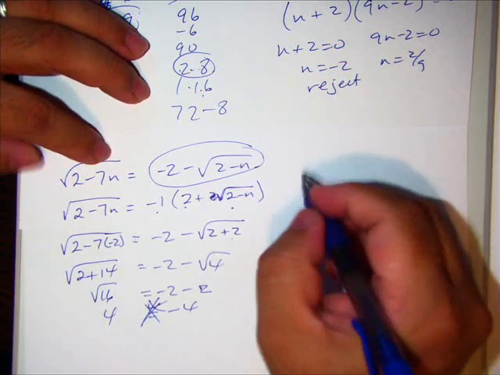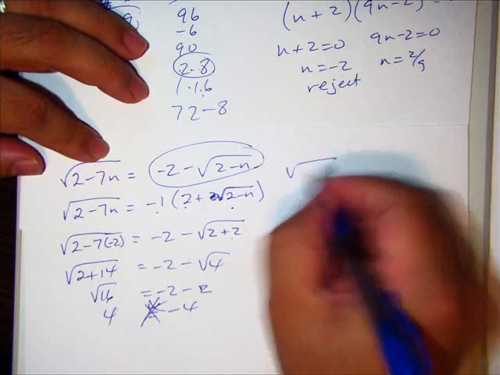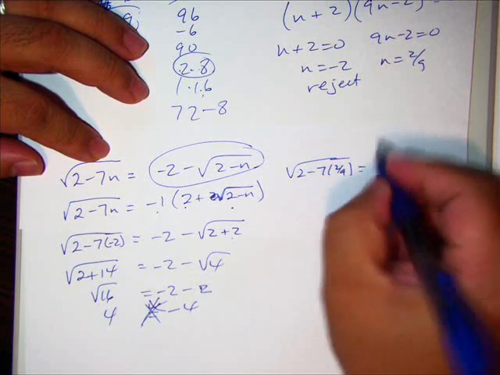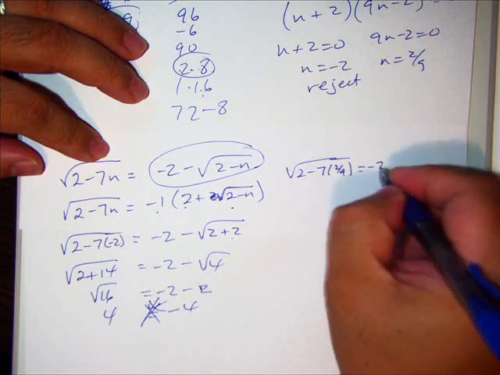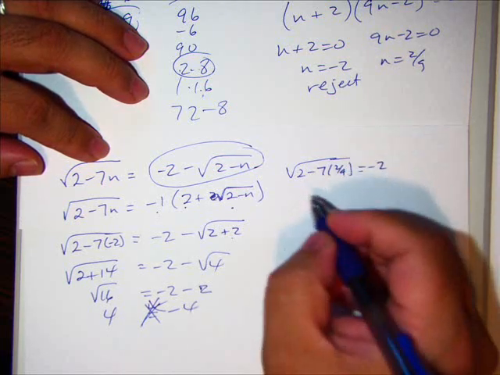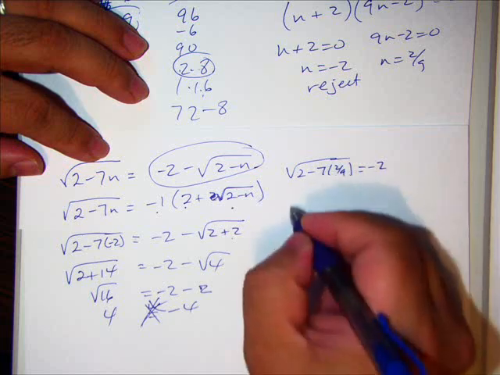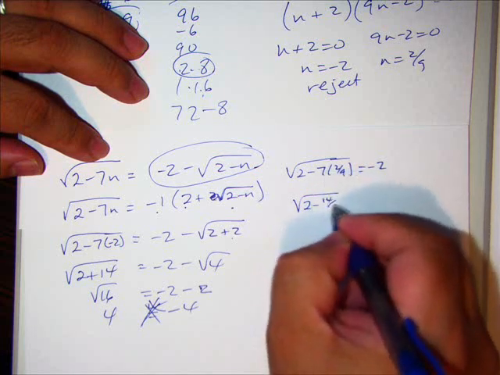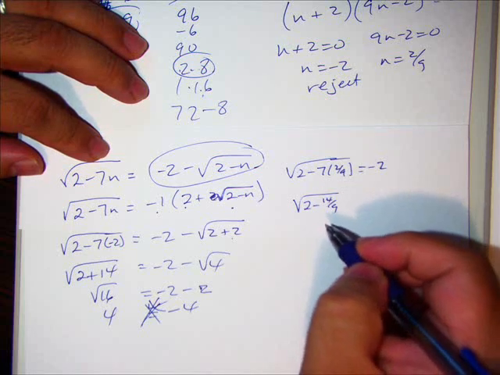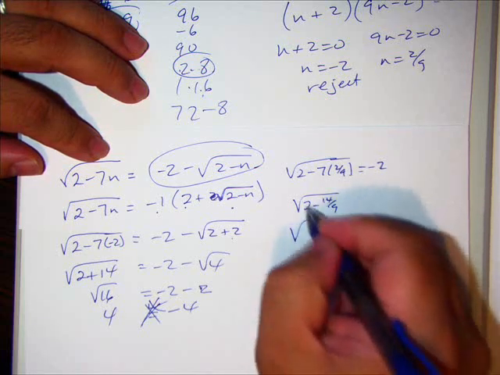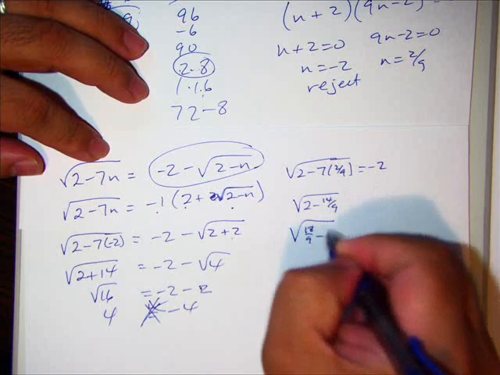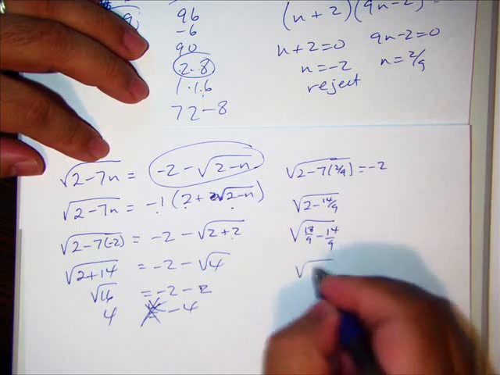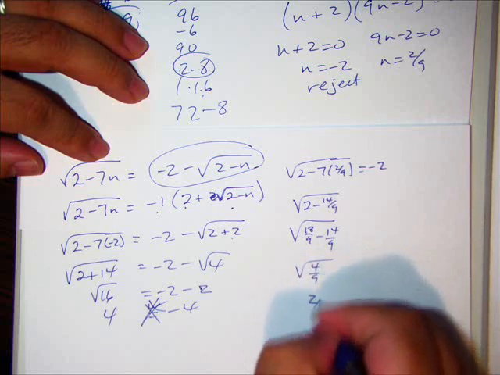Now I'll try it with 2/9. 2 minus 7 times 2/9. Let's try this out. What happens there? So 2 minus 14/9. 2 is 18/9. Can you read that? Good. So that's 4/9. So that's 2/3.